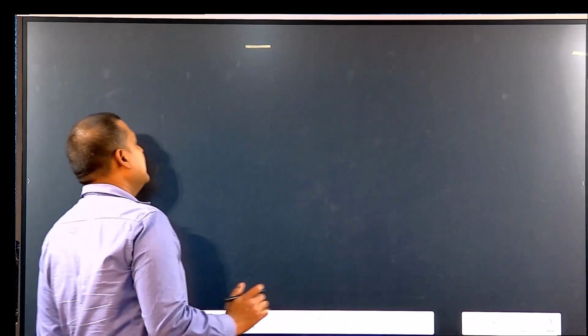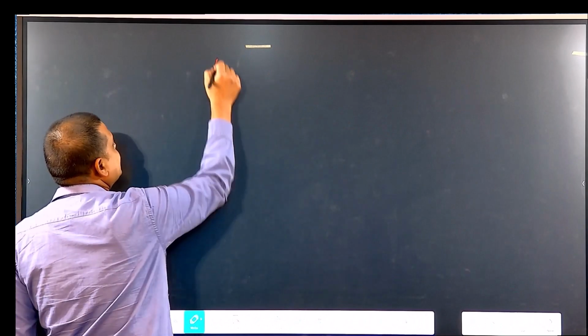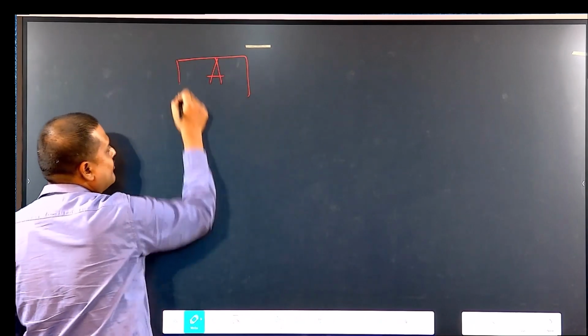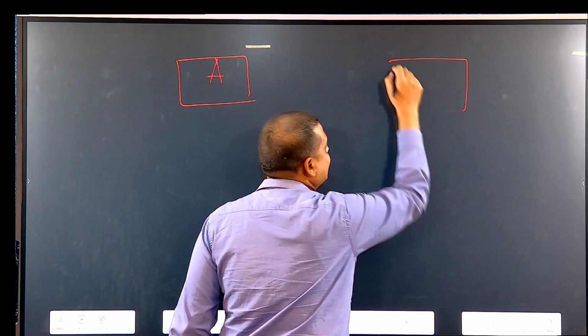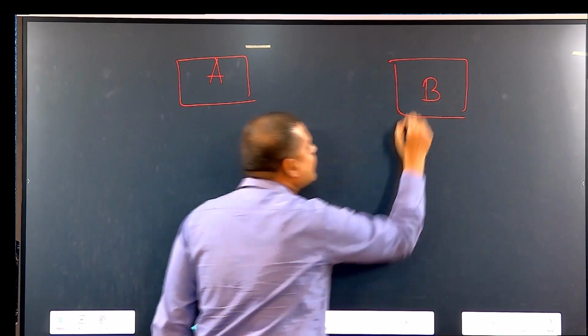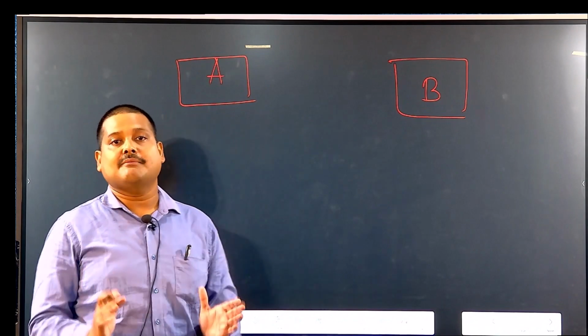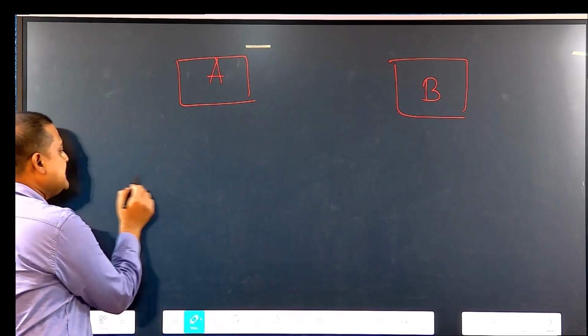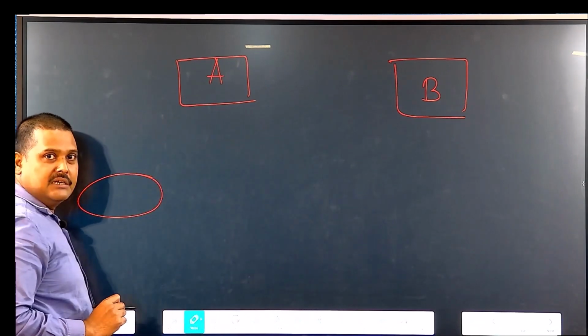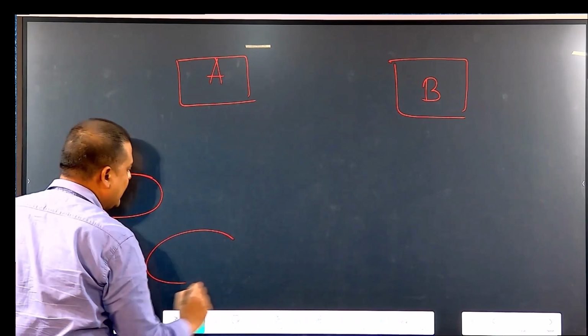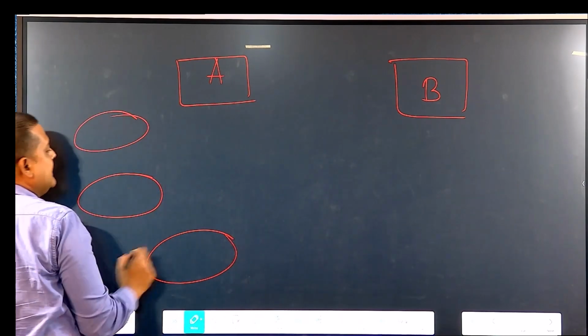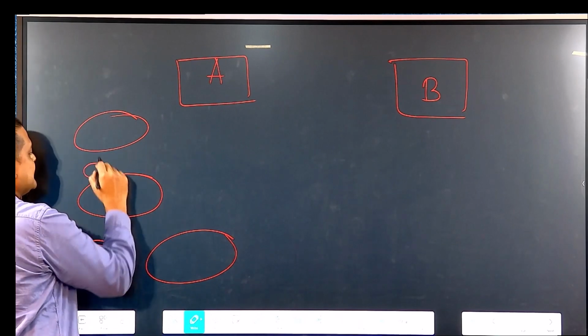So, if there are two classes like class A and another class B. As everything is in Java, we say that everything is encapsulated. That means there is nothing outside. Everything is in a single unit, and these units are called classes.